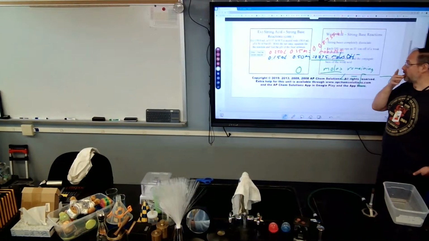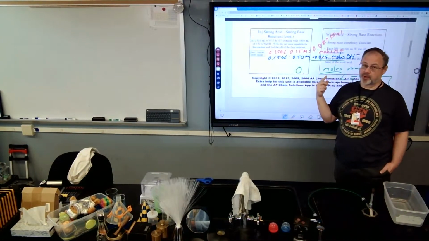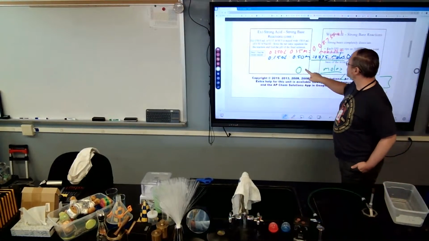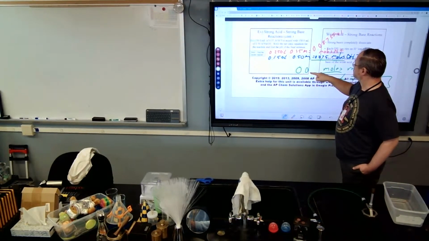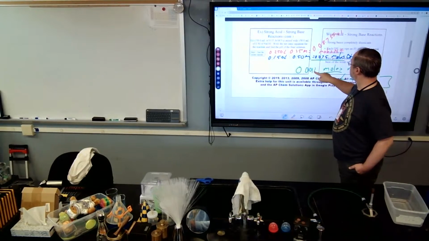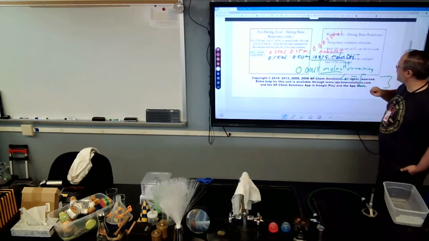The hydroxide, right? So the hydroxide is the limiting reactant, and that means there's going to be some hydronium left over. How much hydronium is left over in moles? 0.0125. Okay, so that's moles of H plus remaining.